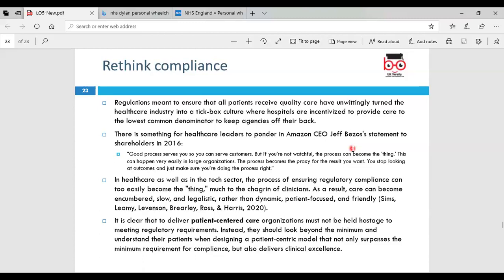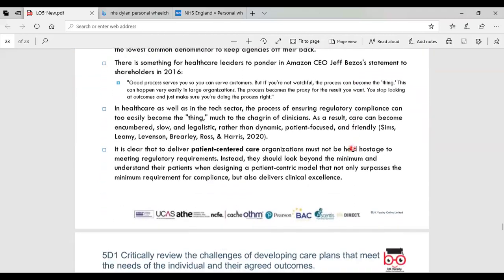But if you're not watchful, the process can become the thing. This can happen very easily in large organizations. So the process becomes the proxy for the result you want. You stop looking at outcomes and just make sure that you're doing the process right. That shouldn't be the thing. That doesn't have the patient-centered objective, so that is why it doesn't work.